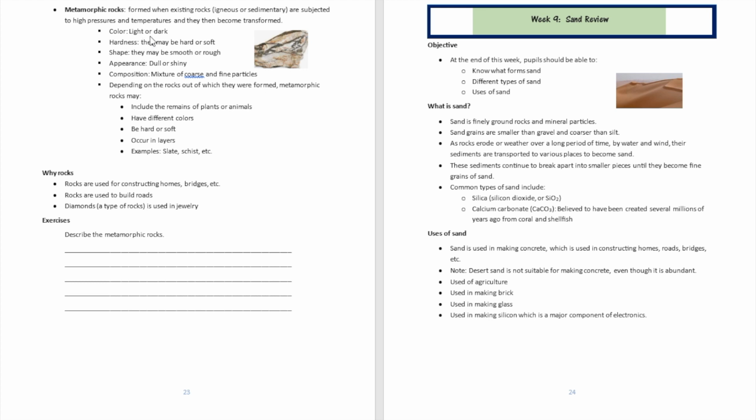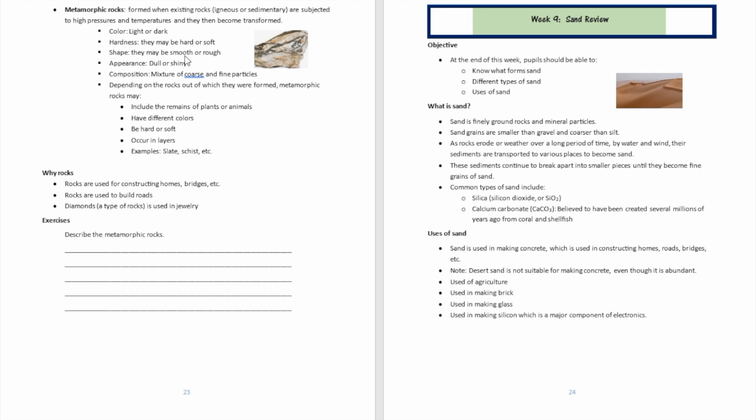If it was lighter before, it's going to become a little bit darker. And the hardness may start to change between hard and soft. If it was very hard before, it's going to become a little bit softer. If it was softer before, it's going to become a little bit harder. Why? Because sedimentary rocks are being added to igneous rocks.